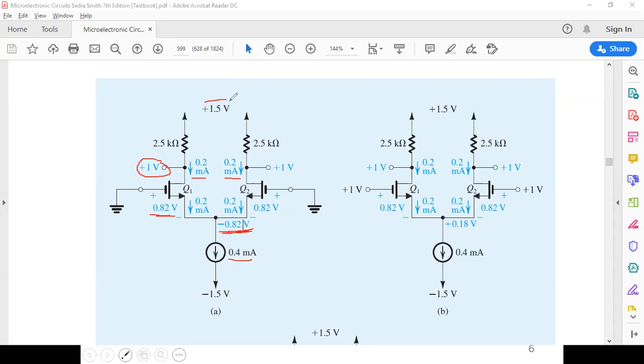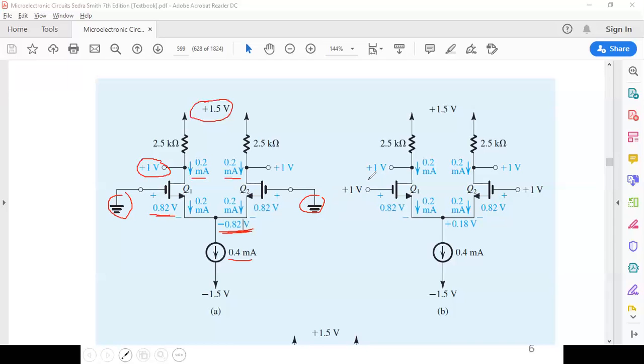By subtracting 1.5 minus the drop across the 2.5, which is 0.2 times 2.5. This is going to give you 1 volt. Okay, so this is how to analyze this circuit if VCM is 0.